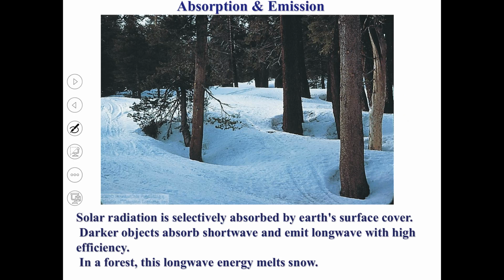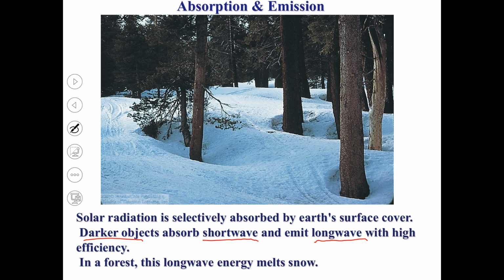For example, absorption and emission. Solar radiation is selectively absorbed by Earth's surface cover. Darker objects absorb short wave and emit long wave, absorbing the sun rays with higher efficiency.